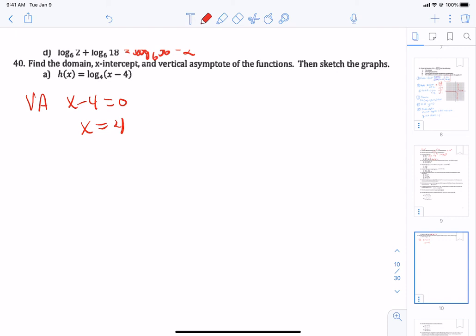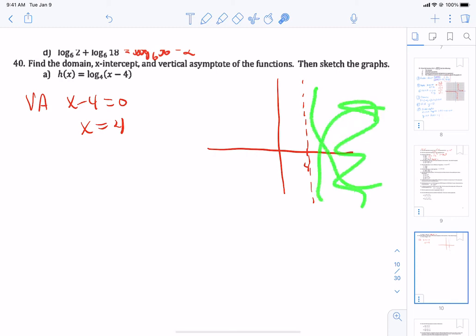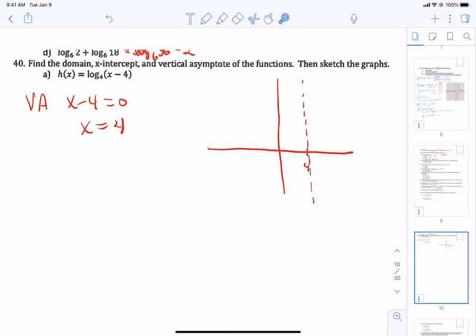So without doing much else, I know that the graph either is over here or over here. Now, if the x is a positive number, it's got to be over here somewhere. Now, it could be going downhill or uphill, but it's over here.